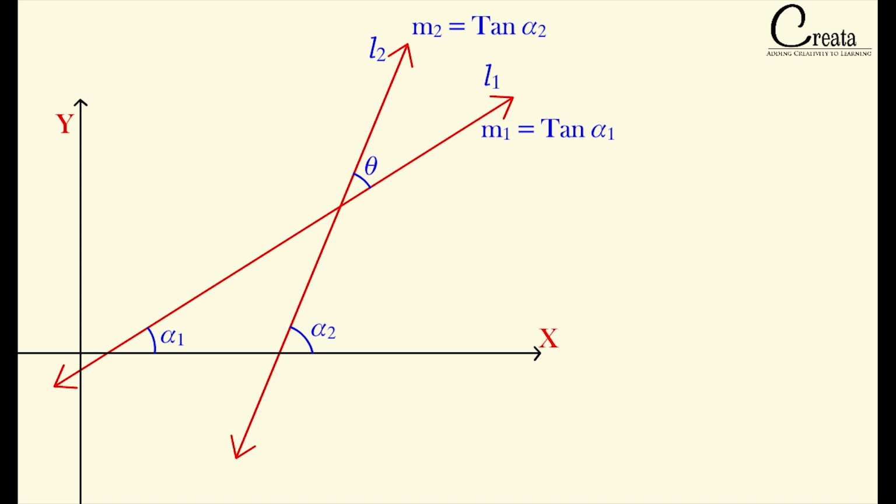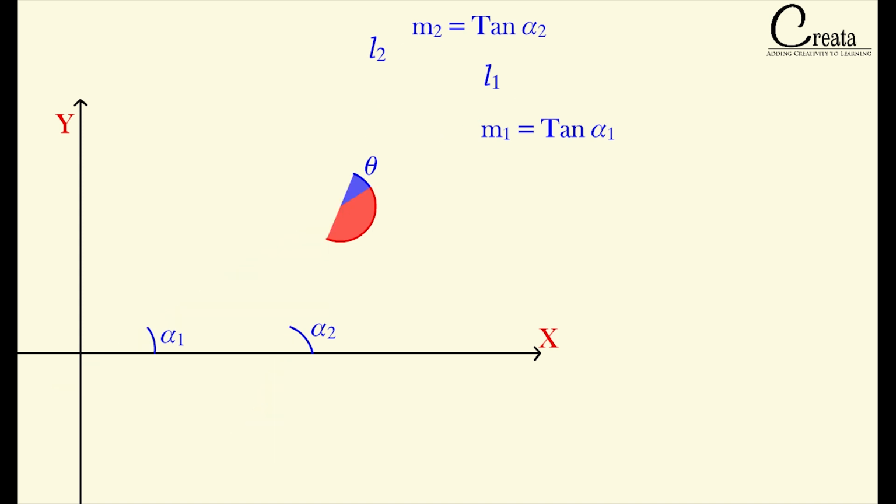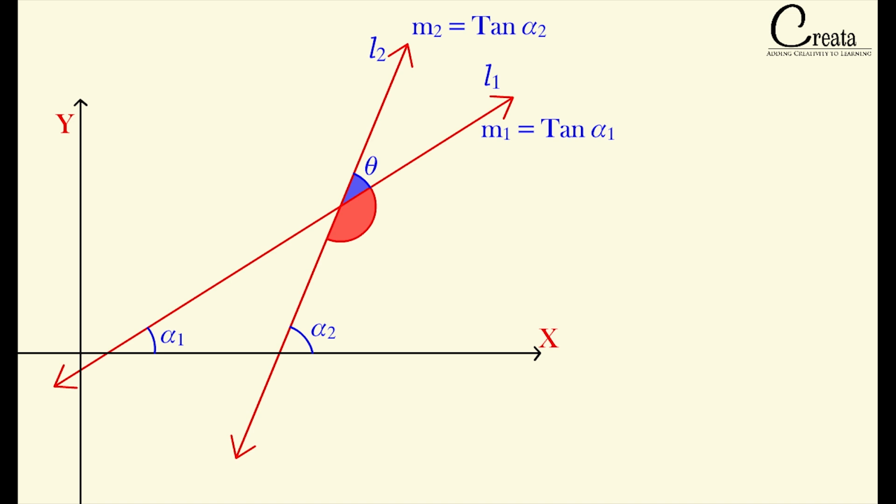Further, the angle between both of these lines we have assumed as angle theta. But if we ask what is the angle between the two lines, either this is the angle or this is the angle. Let's assume this other angle as angle phi.